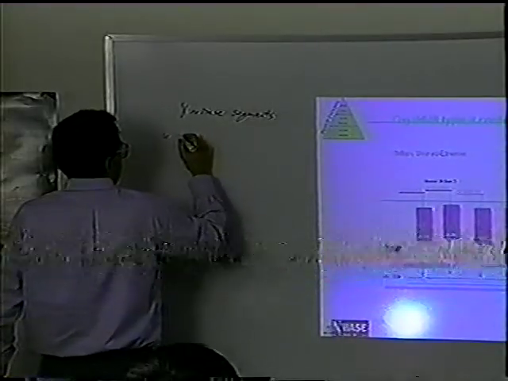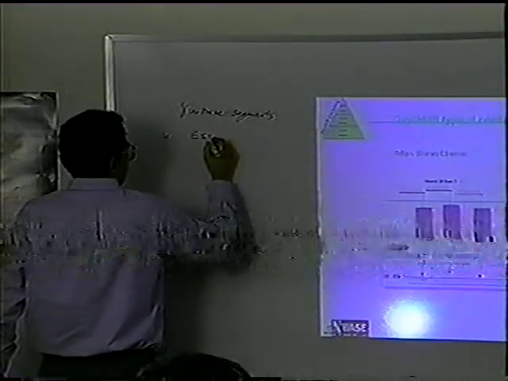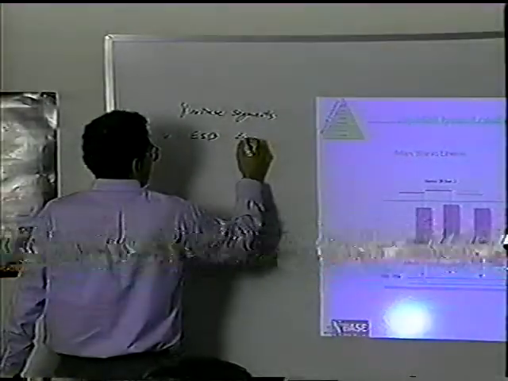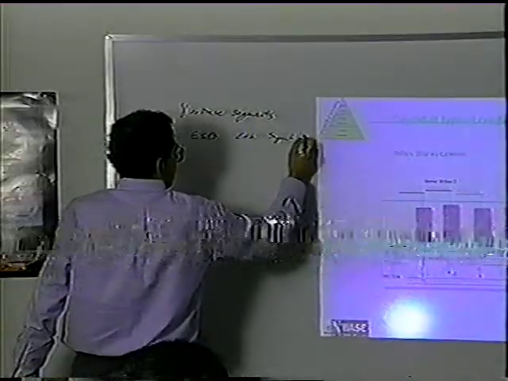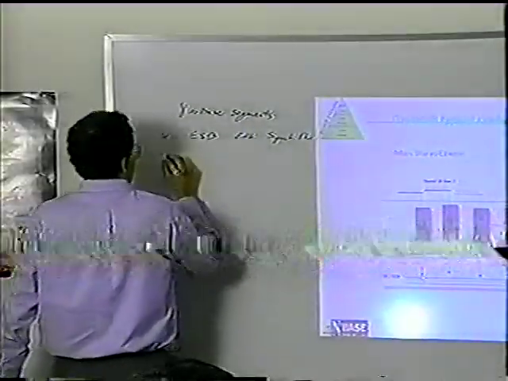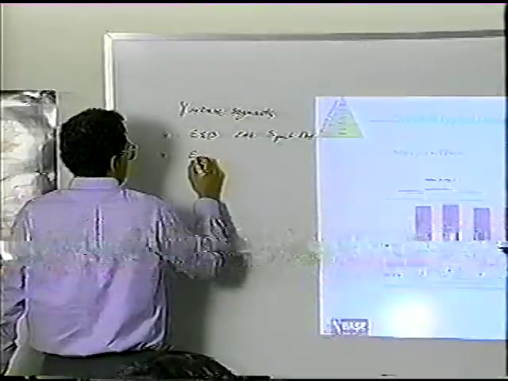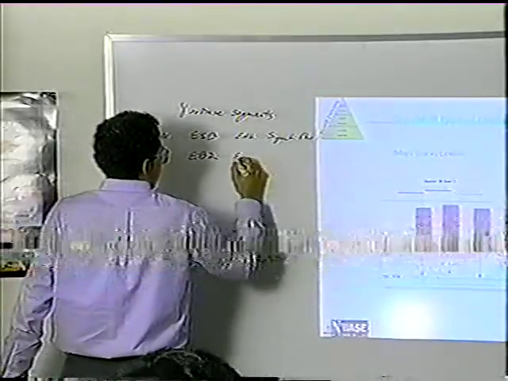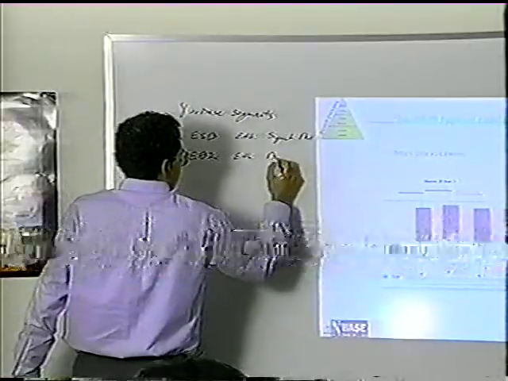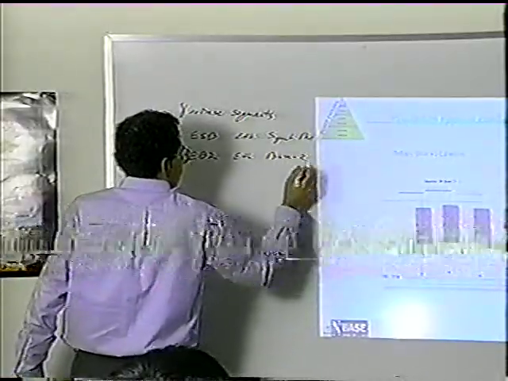4 we call ESB, which is an Ethernet synchronous bus. And there are 4 EB2, which stands for Ethernet base 2.